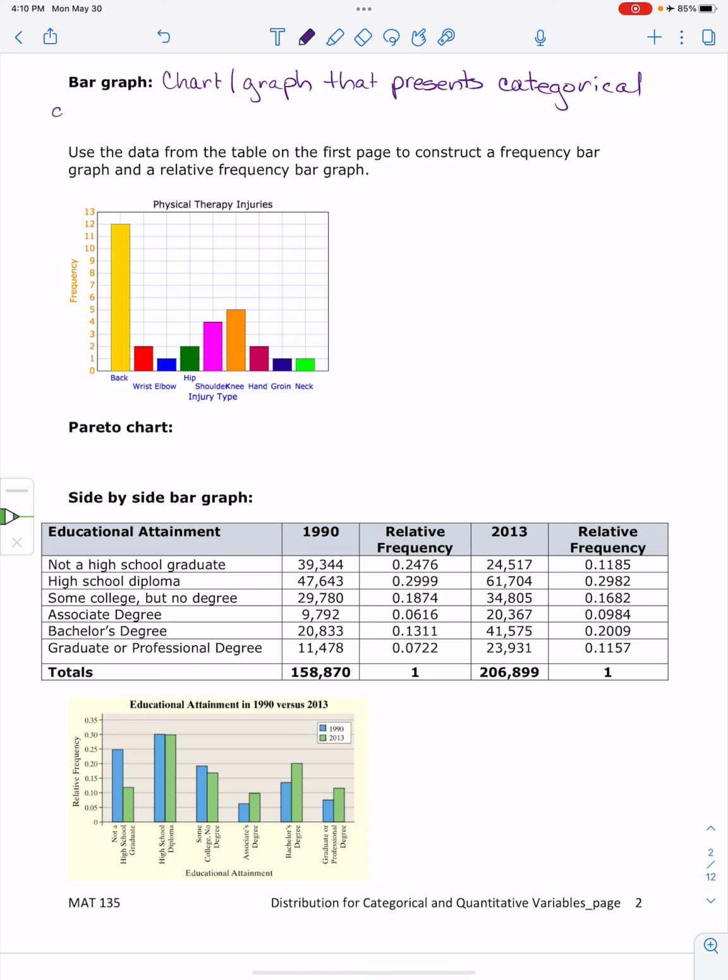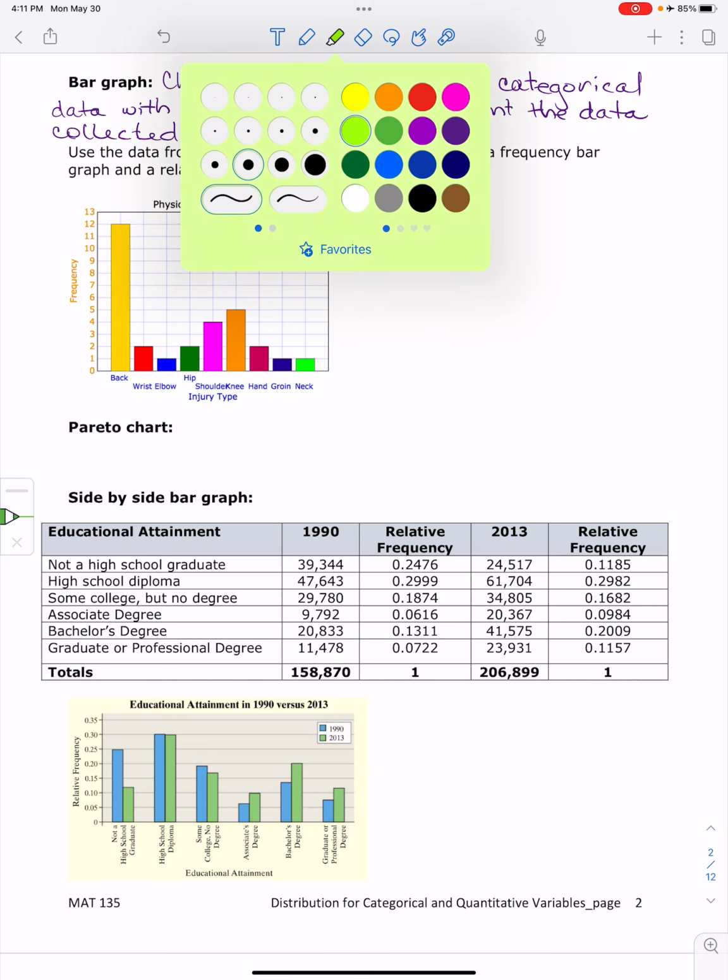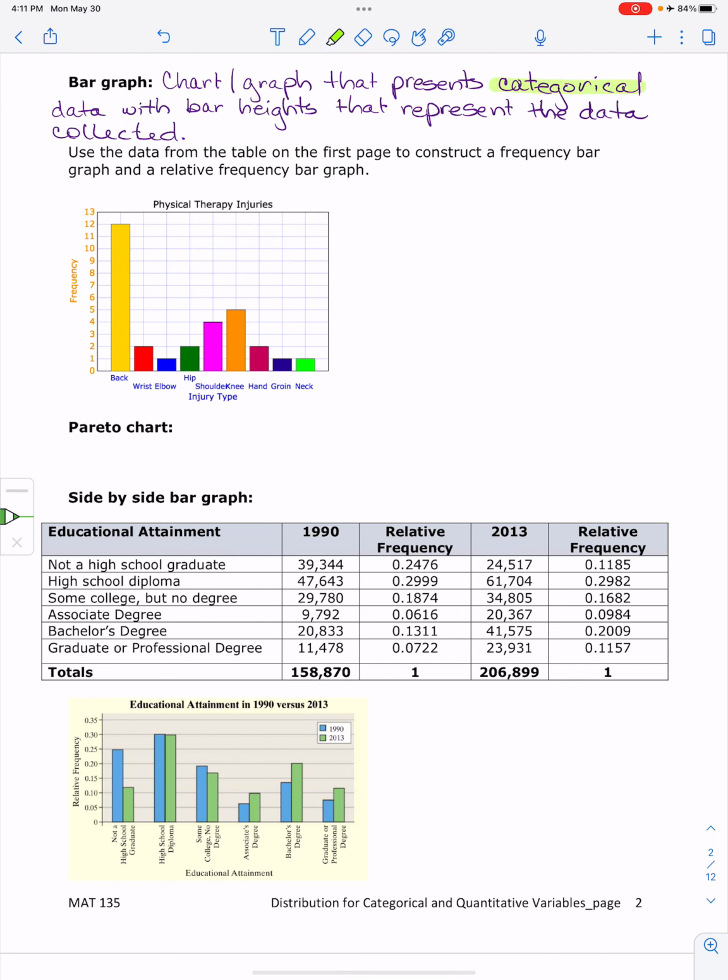So we're presenting categorical data with bar heights that represent the data collected. Okay, quick highlight here, just so we don't forget categorical data.